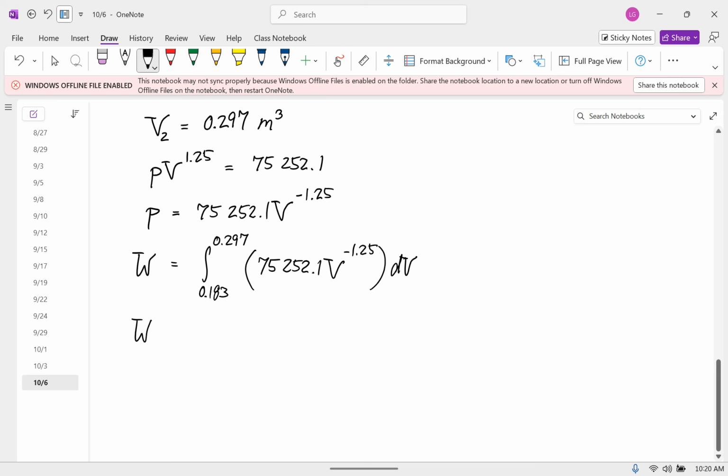And so this is equal to 75,252.1 times V to the negative 0.25 divided by negative 0.25. And so that is negative 301,008 times V to the negative 0.25, evaluated from 0.183 to 0.297.